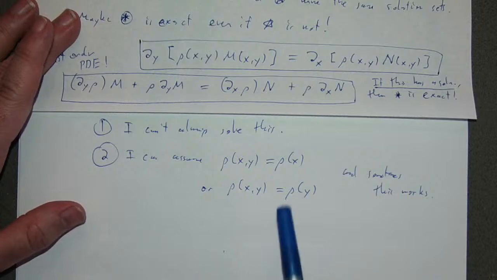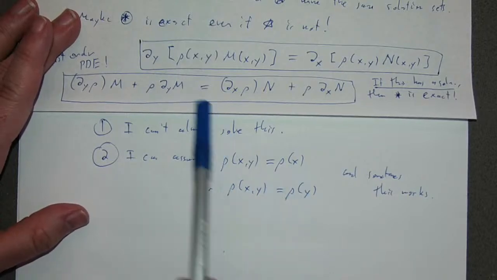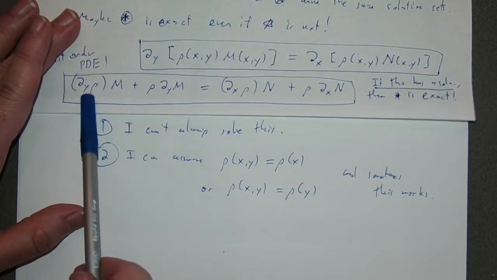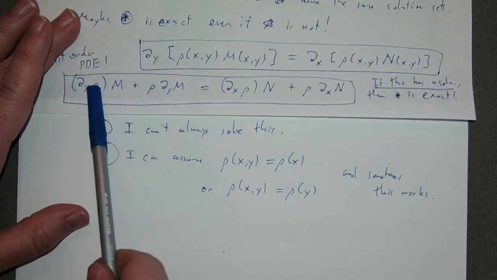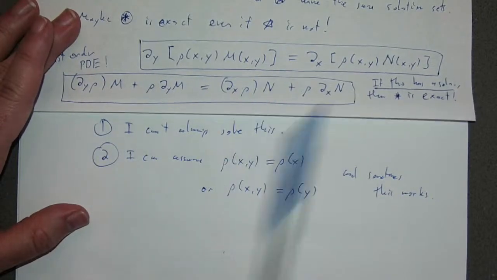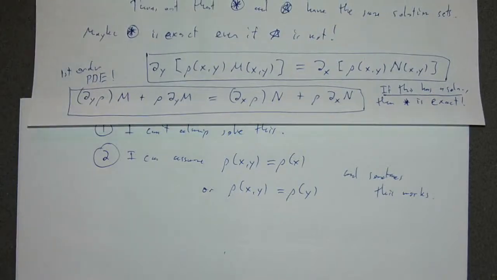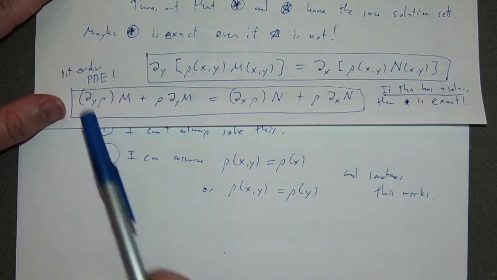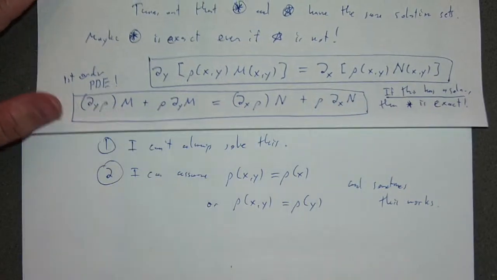Why is that important? Because if rho only depends on x, then the y partials of rho are going to be 0. So for instance, this term would be 0. And if rho depends on y, then the x partial of rho would be 0. So this term would be 0. Now, how would you know which assumption to make? You'll know based on which assumption makes this equation easier.